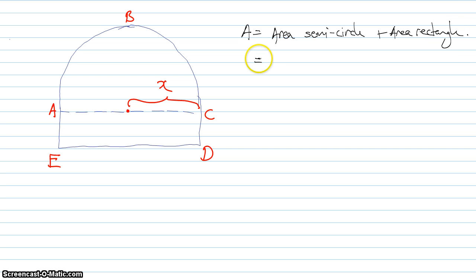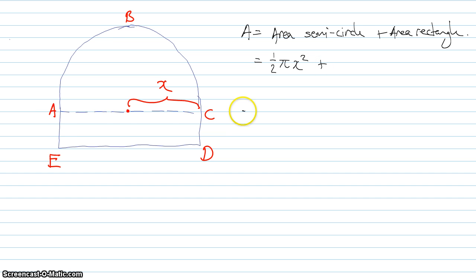So what's the area of the semicircle going to be? Well, a circle with radius x is going to have area pi r squared. So a semicircle or half circle with radius x is going to have a half pi r squared, or pi, not r in this case, is it? It's a half pi x squared. So this is the area of the semicircle.